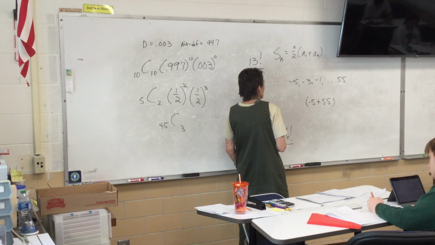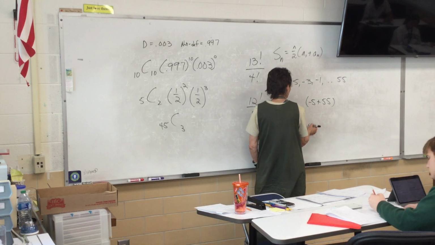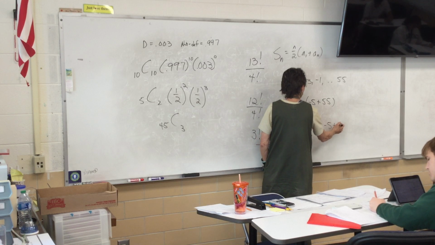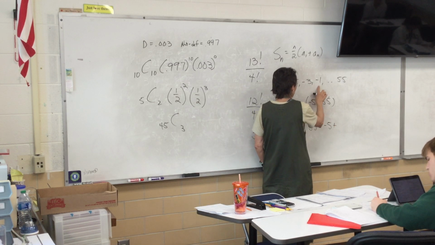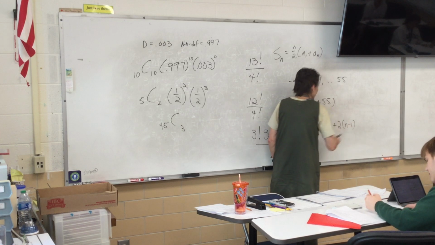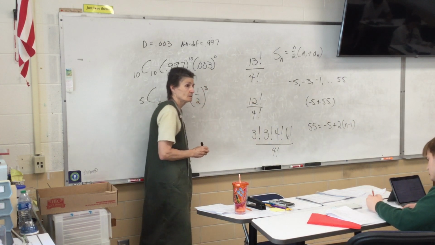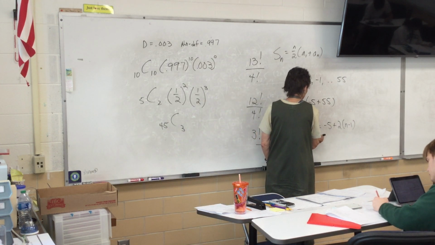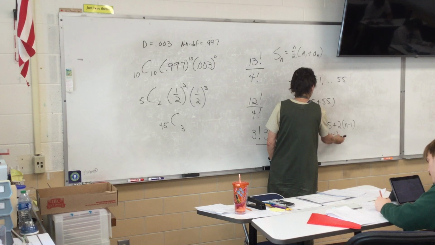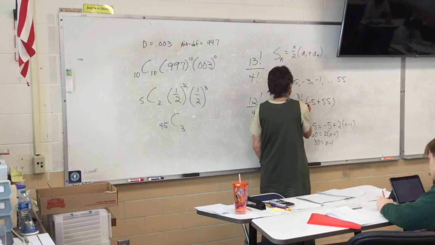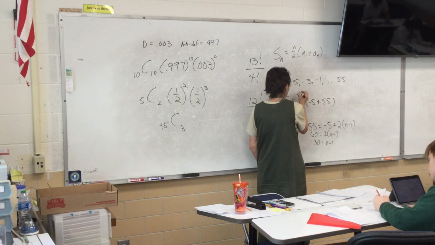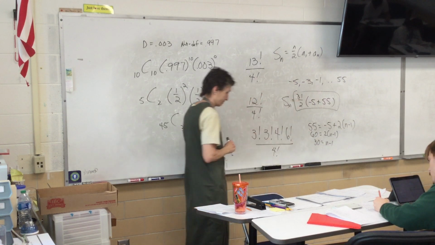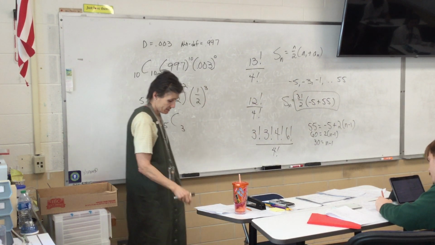So maybe we should rely on our other formula that says the last term equals the first term plus the common difference times n minus 1. We can solve this equation. Looks like n is 31. Looks like there'd be 31 terms. So whatever that is will be the sum.